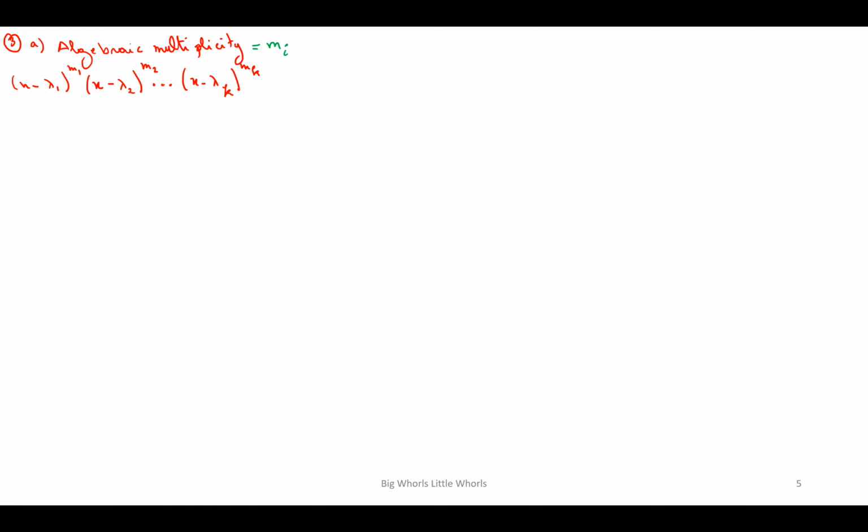So let's recall our characteristic polynomial, the determinant of A minus xI.